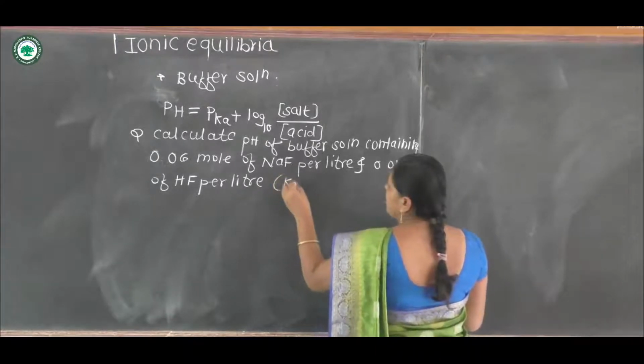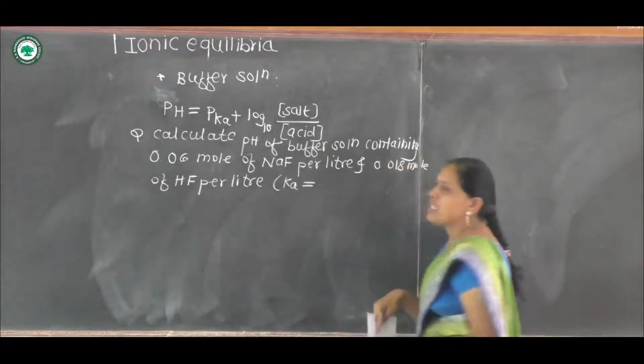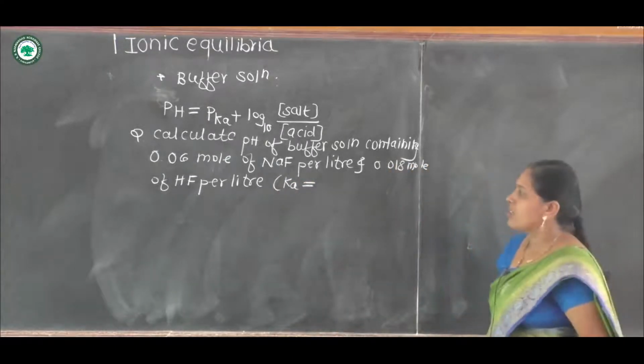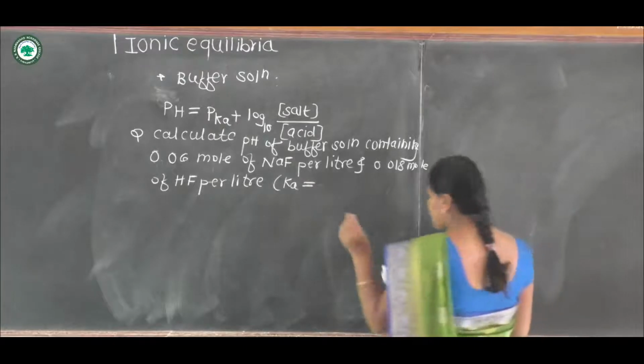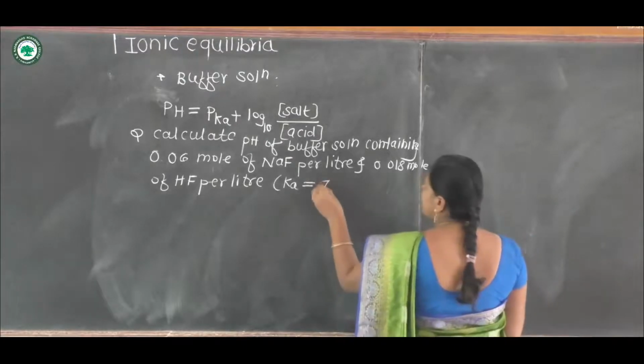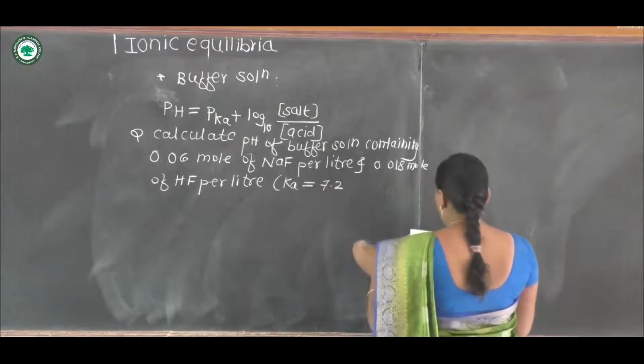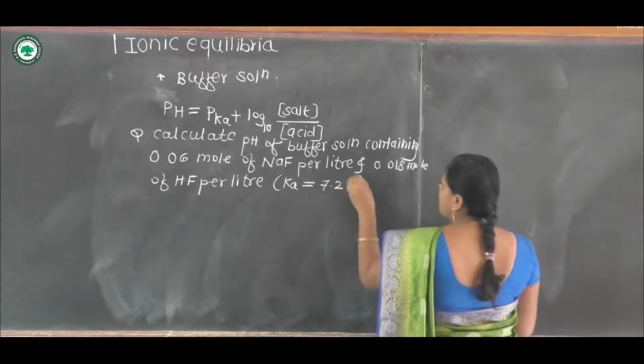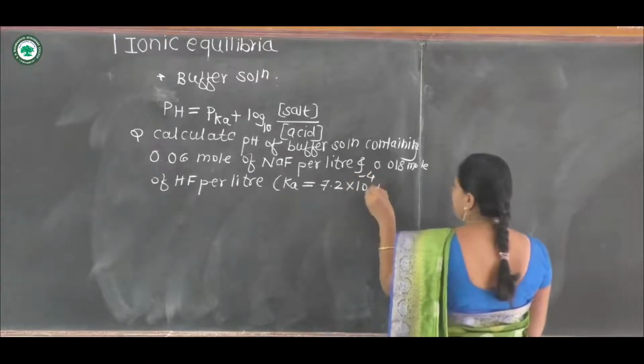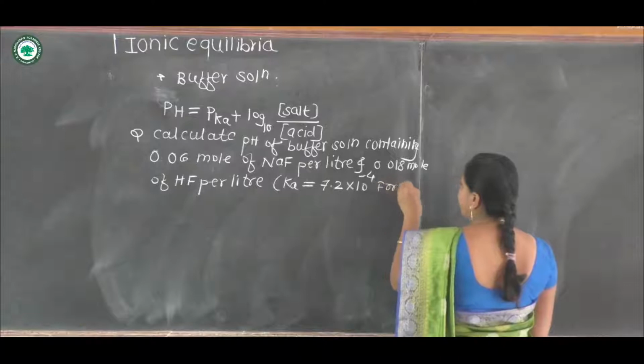Here, the dissociation constant for acid is given. Ka for HF is equal to 7.2 into 10 raised to minus 4.